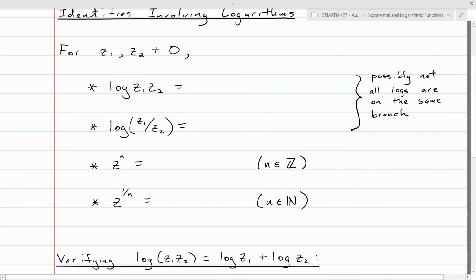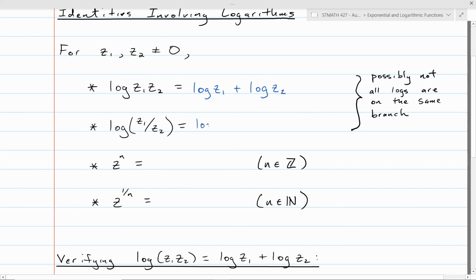The first one says the log of z1 times z2 we can write as log of z1 plus log of z2. You just got to remember that this isn't talking about a single number. Log of z1 is a whole collection of numbers, and log of z2 is a whole collection of numbers. And it's basically just saying the collection of numbers on the left is equal to the collection of numbers on the right. So it's like a statement about sets, really.